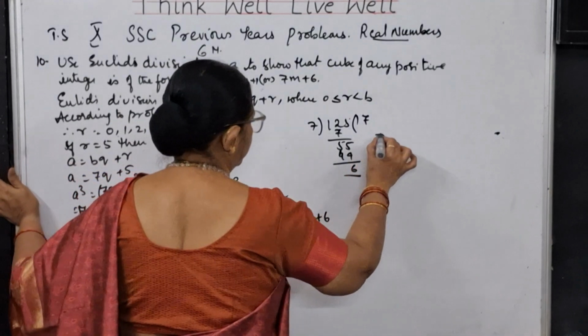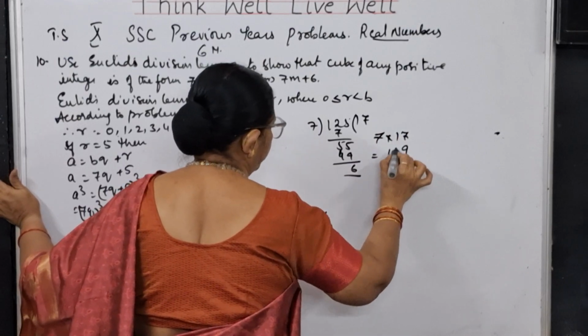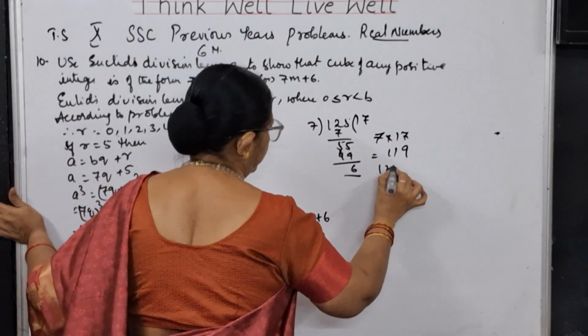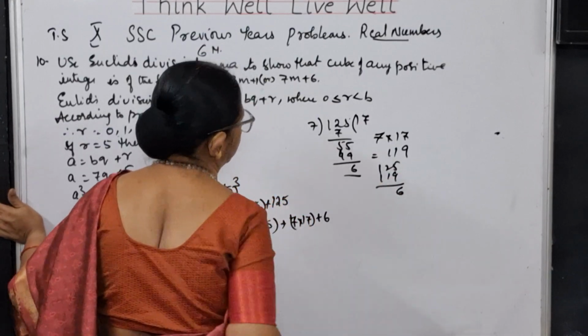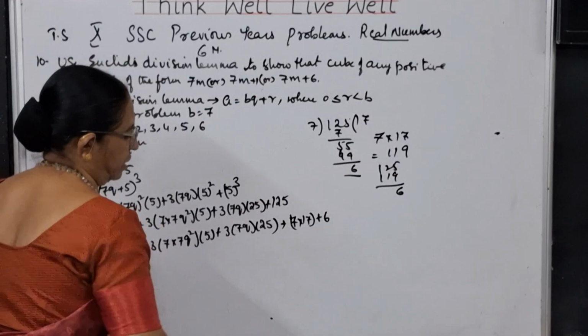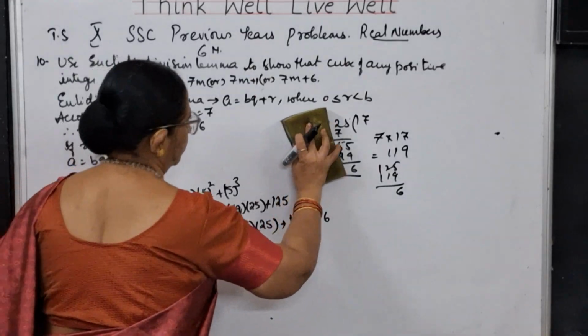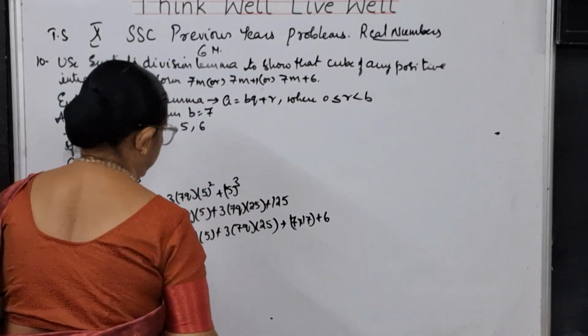If you want you can check, children. From 125 if you take 119 you'll be getting 6. So 6 I have taken here as the remainder. So this is how you can bifurcate.